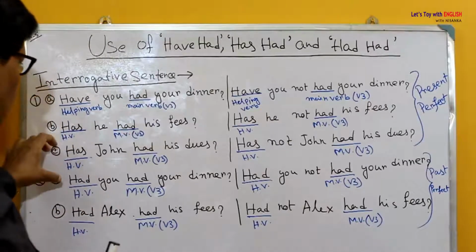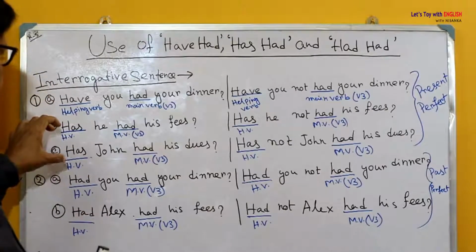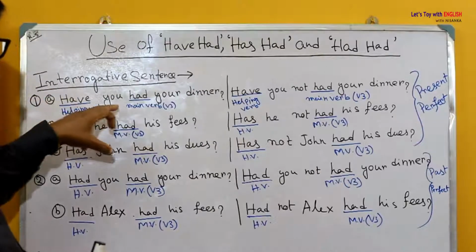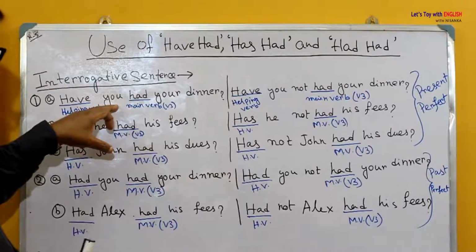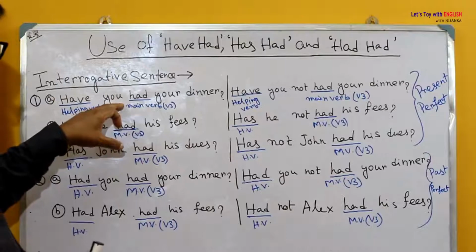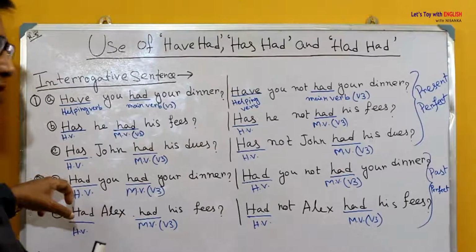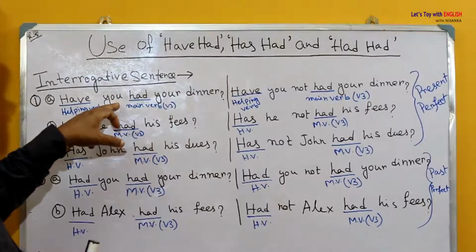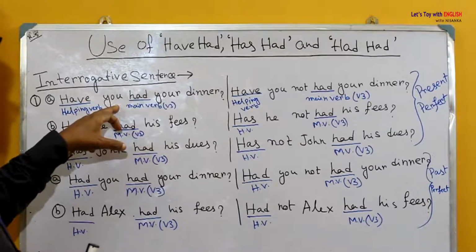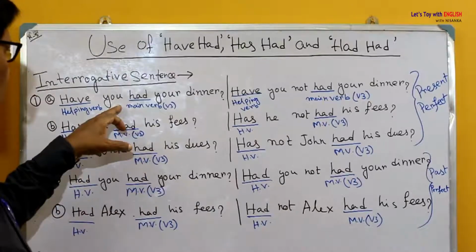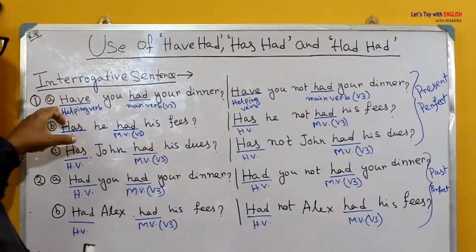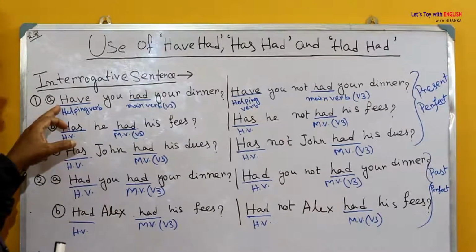So these examples are in present perfect tense. Then according to the subject that is placed after the helping verb, this have or has is used. If the subject is you, I or we or the plural form of any pronoun, then the helping verb should be have.